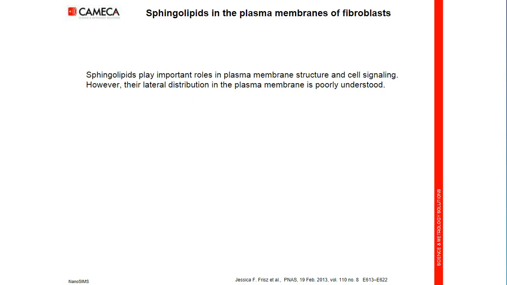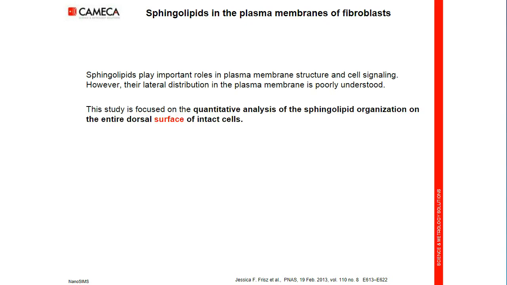We will continue and use this paper of Jessica Fritz in PNAS in 2013. So sphingolipids play important roles in plasma membrane structure and cell signaling. However, their lateral distribution in the plasma membrane is poorly understood. This study is focused on the quantitative analysis of the sphingolipid organization on the entire dorsal surface of intact cells.